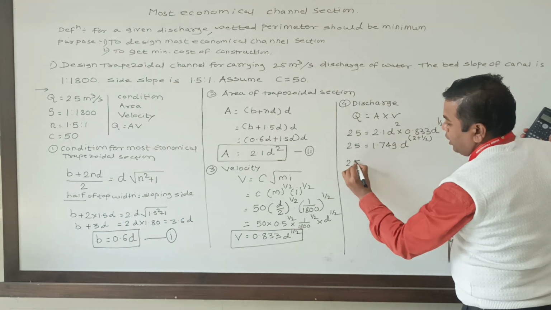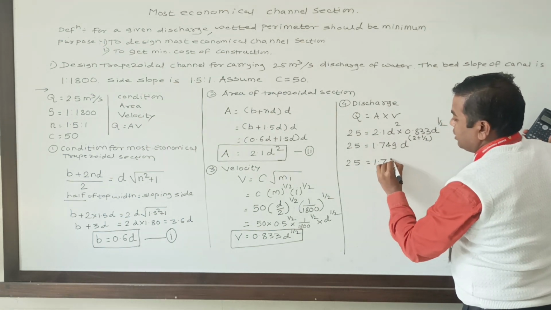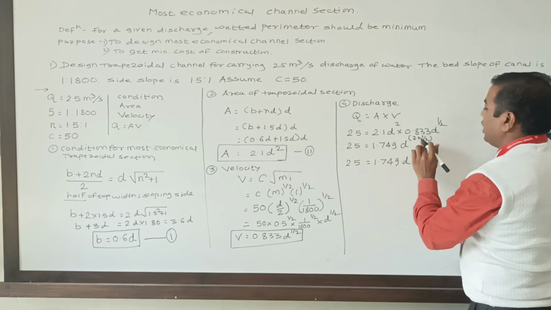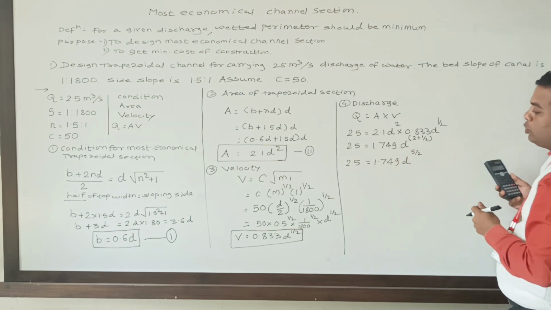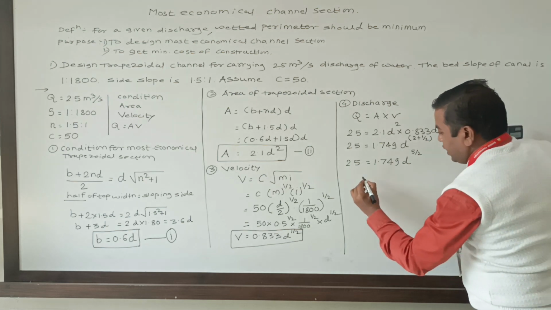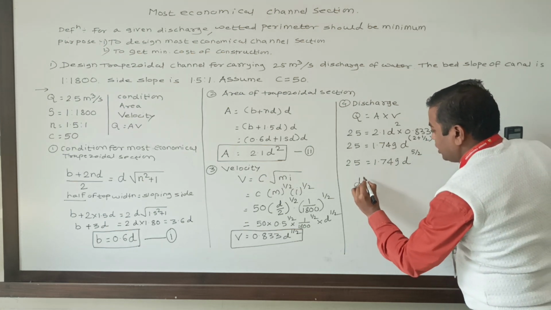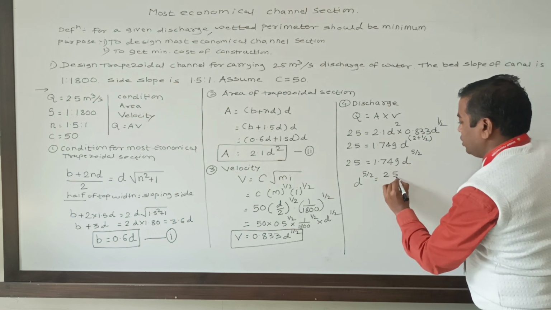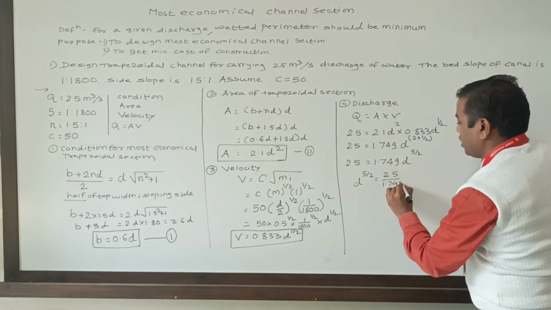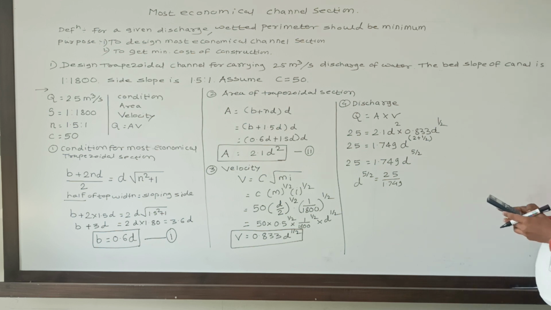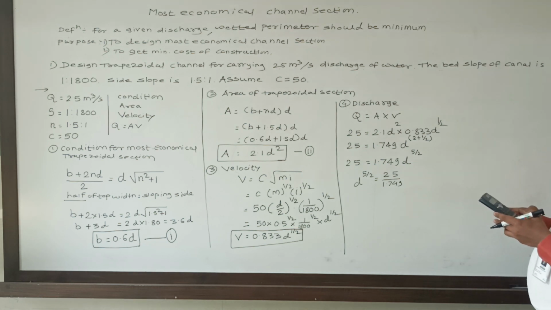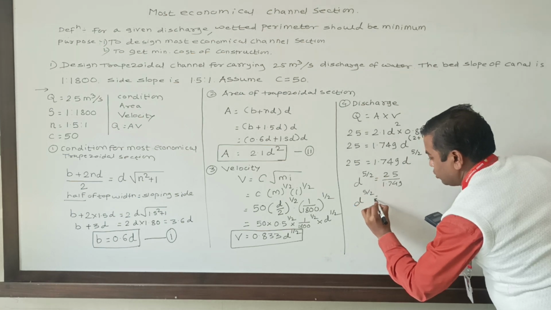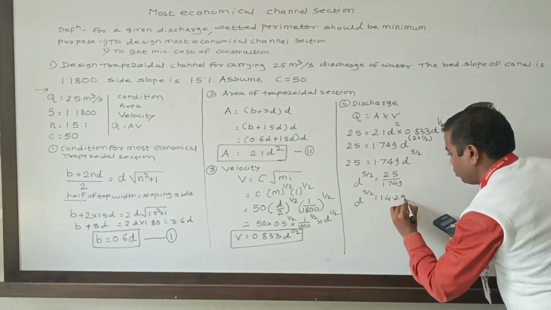So 25 is equal to 1.749 d raised to 5 by 2. 2 and a half means 2.5, that is equal to 5 by 2. We will simplify the equation. d raised to 5 by 2 is equal to 25 divided by 1.749. So d raised to 5 by 2 is equal to 14.29.